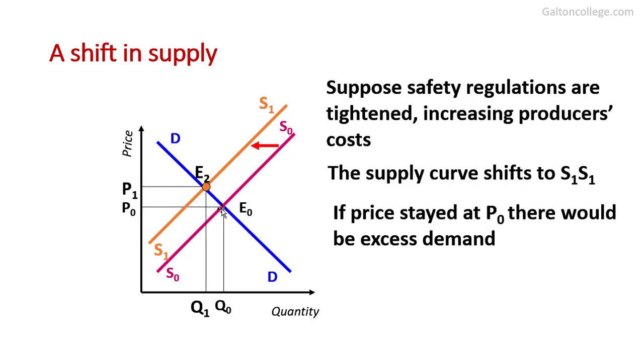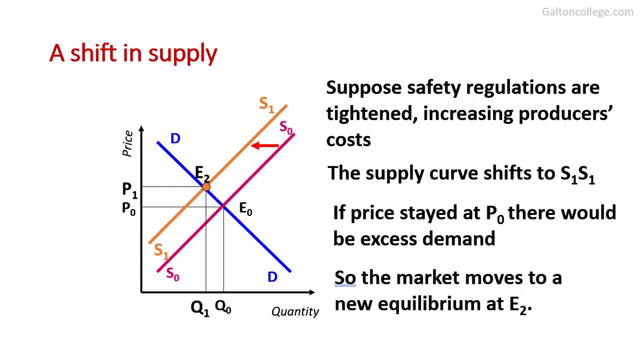Excess demand, sorry, beg your pardon. Excess demand. So demand is at Q0, and the new one will be at Q1, moving from one equilibrium, E0, to E2. So the market moves to a new equilibrium at E2.